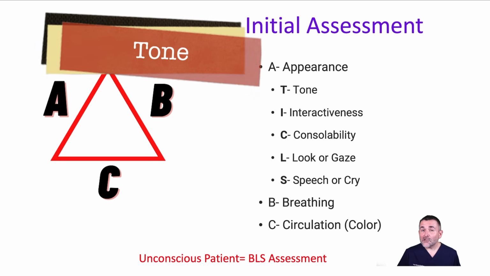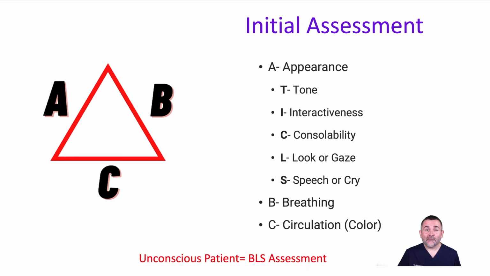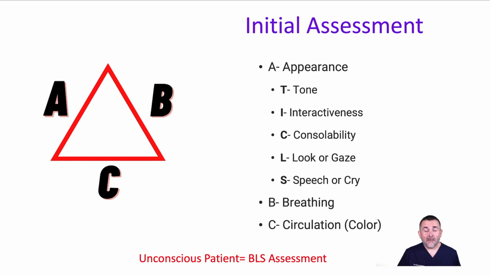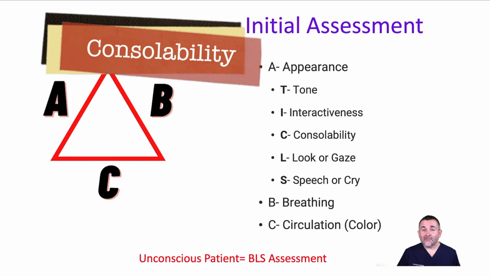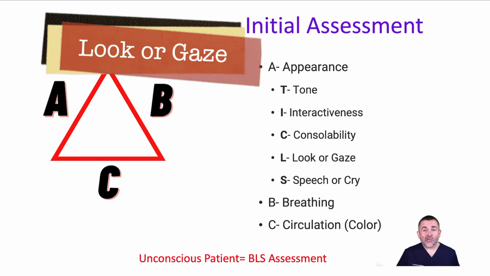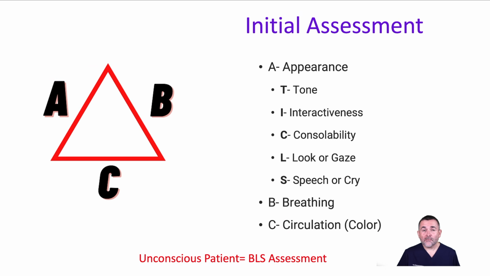Tone. Does the child's muscle tone appear floppy or limp? Interactiveness. Is the child interacting with stimuli, parents, or staff? Consolability. Is the child fussy, even though the parent is trying to provide comfort? Look or gaze. Do the child's eyes track movement in the room?